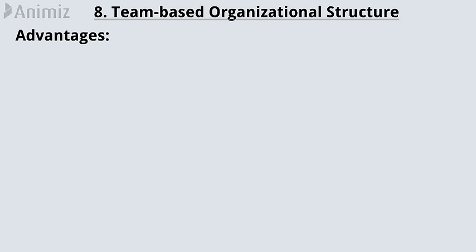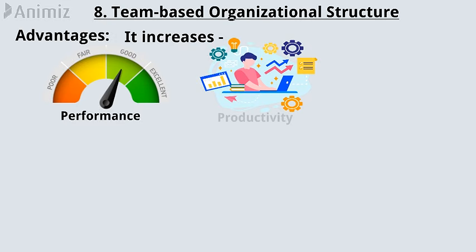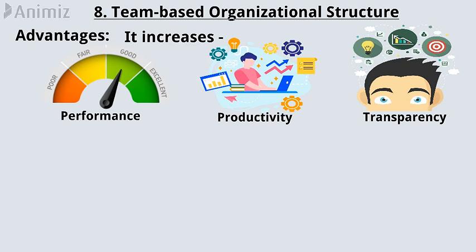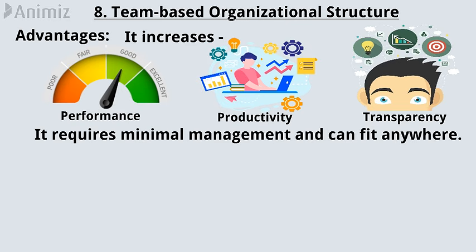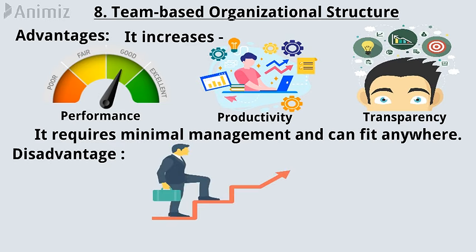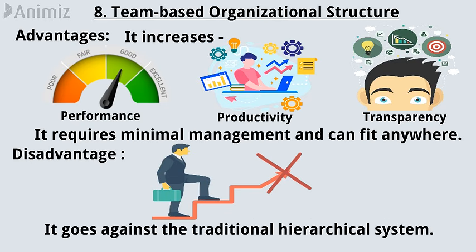Advantages of this structure are: it increases performance, productivity, and transparency within an organization. It requires minimal management and can fit anywhere. A disadvantage of this type of organizational structure is that the promotional path is less clear, and it goes against the traditional hierarchical system.